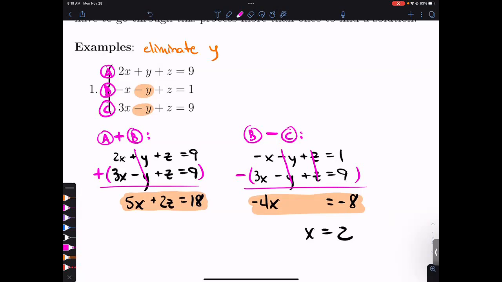Where should I take that piece of information? What can I find next? Z, right? Because if x is 2, then plug x equals 2 in here and find z. Then you have x and z. Once you have x and z, you can find y by going back to any of these three, right?